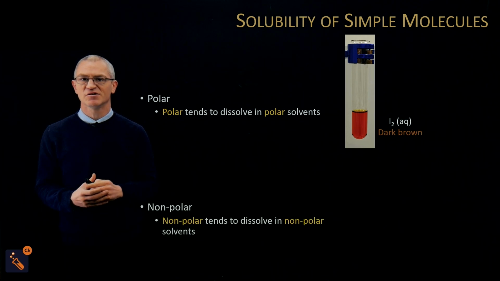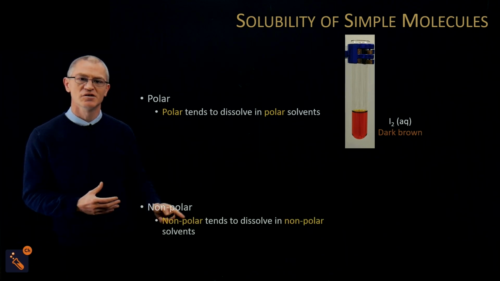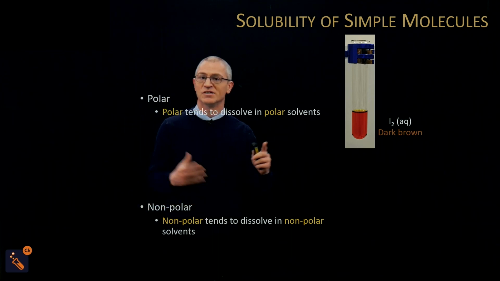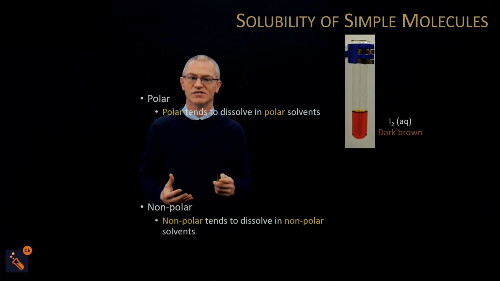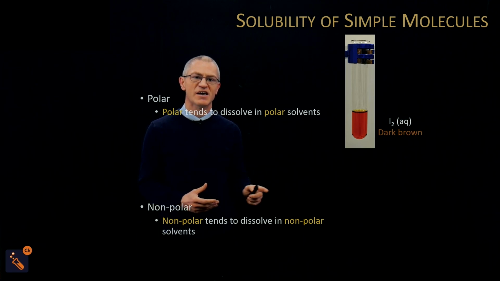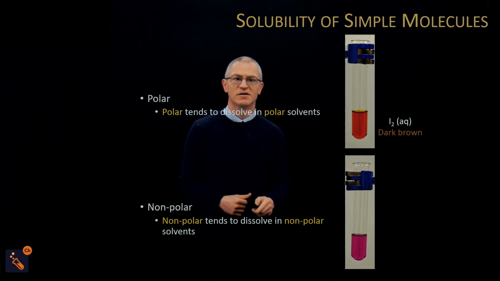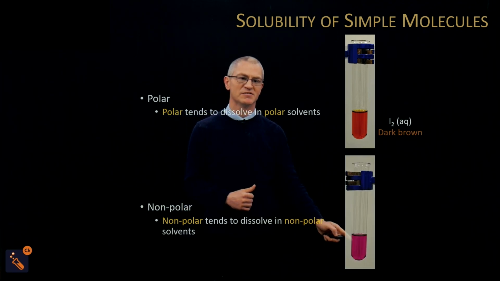Now, what's the opposite of that? Well, the opposite of that is a non-polar molecule dissolving in a non-polar solvent. So let's just take the iodine again. We know it's purple in normal life, okay? And if we put it into a non-polar solvent, well, the non-polar solvent we're going to choose is cyclohexane, and you can see this purple colour appears.